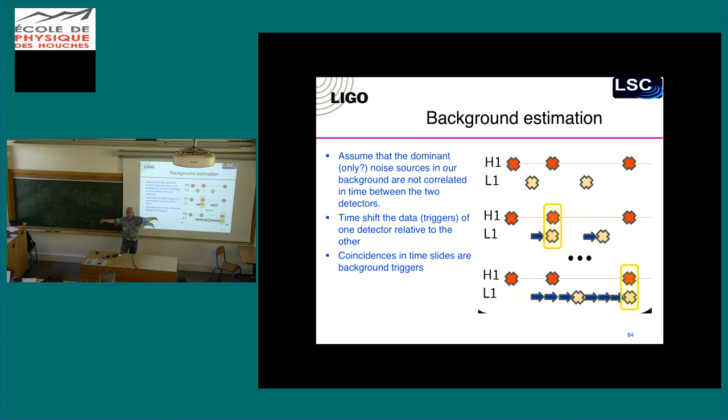Because the detectors are far apart, hopefully, except for the two detectors we built at Hanford. Now there's only one at Hanford. We used to have two at Hanford in the early part of the 2000s. And there was a problem that they saw the same disturbances and therefore the background was correlated in time between the two detectors. But otherwise, if they're separated, let's assume they're not correlated in time.